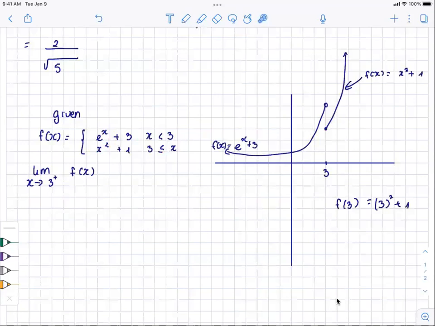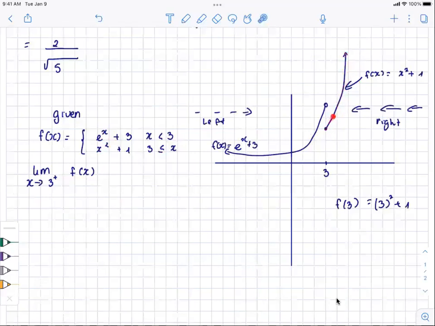So let's say that you are looking for the limit as x approaches 3 from the right hand side, meaning that you go in to find the limit from the right hand side, right? So the right hand side is this direction, that's the right, and left is this one direction. So now if it approaches from the right hand side, then you're going to follow this function, right?